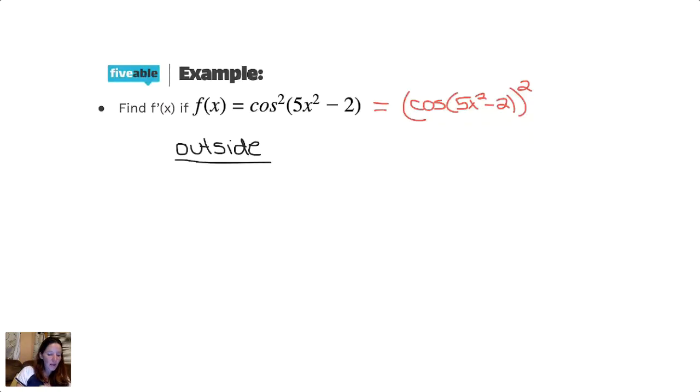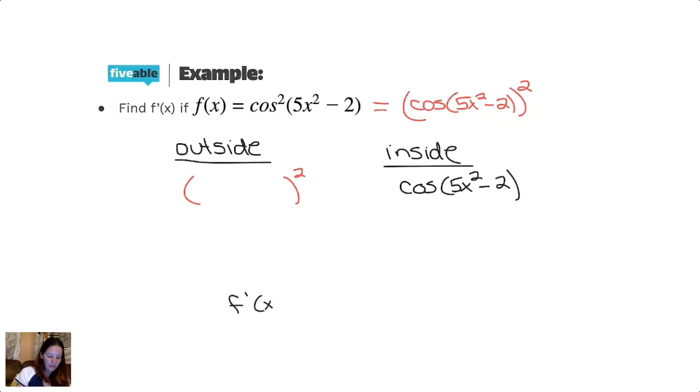So we're going to start with the outside being something squared. And then the inside, for now, we're just going to say would be everything else, right? Cosine of 5x squared minus 2. So I'm going to start my derivative here. The derivative of something squared is 2 times something. I'm going to go ahead and copy that inside.